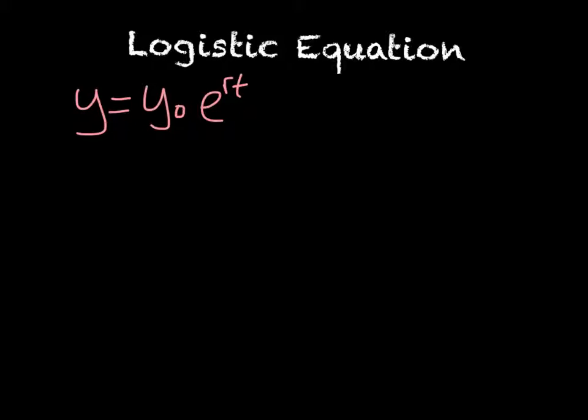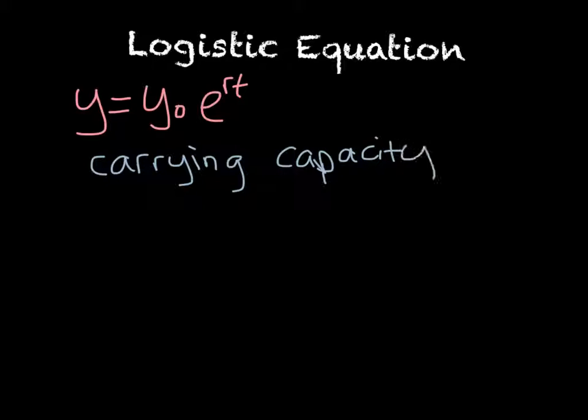What happens is that there's usually a carrying capacity that limits how much the population can actually grow. The carrying capacity is determined by biological factors, like the amount of predators, the amount of space, and the amount of food available.